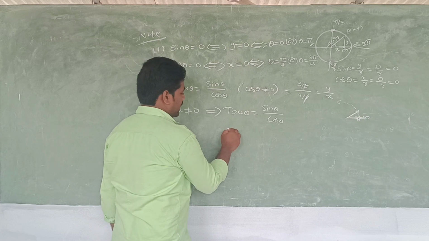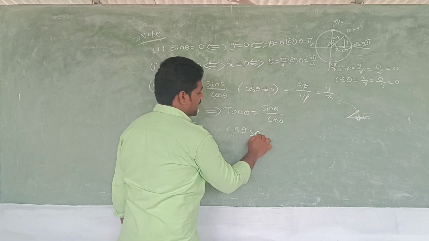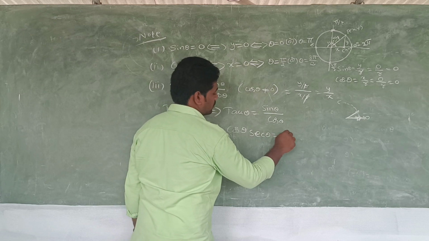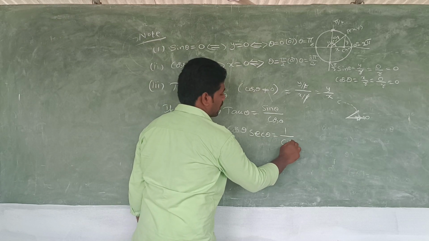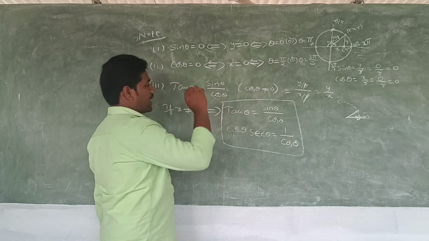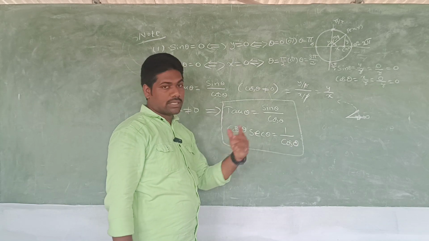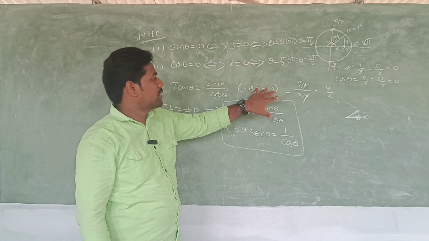Now similarly, secant theta is equal to 1 by cos theta. We can write these two conditions: tan theta equal to sin theta by cos theta and secant theta equal to 1 by cos theta, when cos theta is not equal to 0.